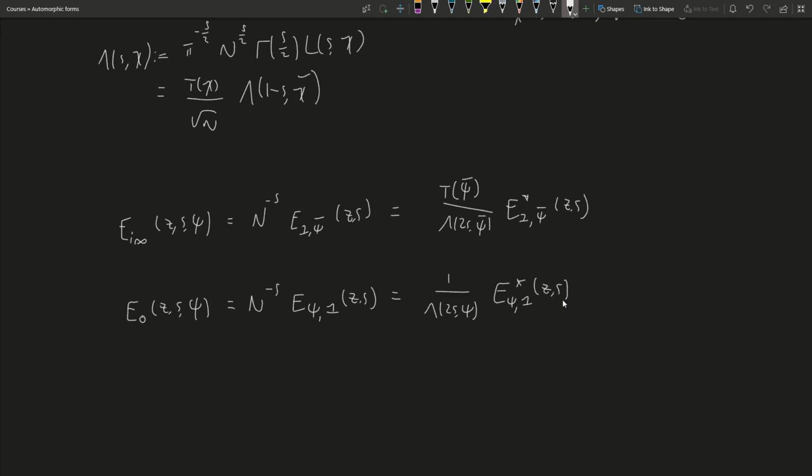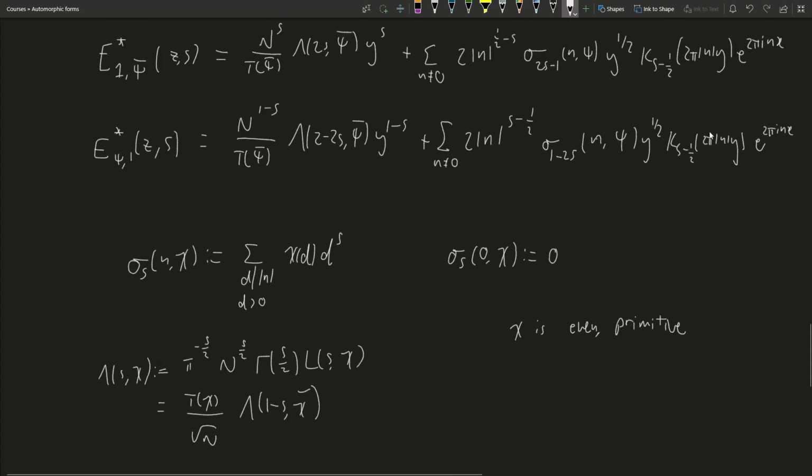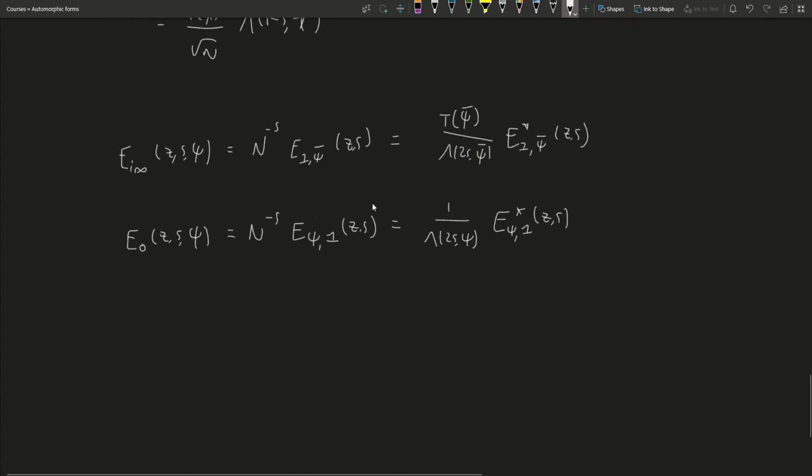Okay. And this also we wrote down what the Fourier expansion was right here. So this gives you the Fourier expansions that you're going to need for these individual Eisenstein series, and these are sort of the main computational tools that we'll need to get stuff done.